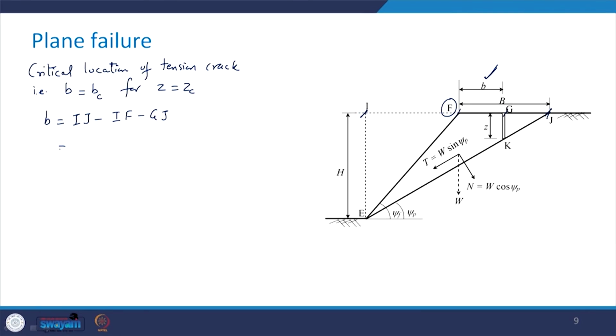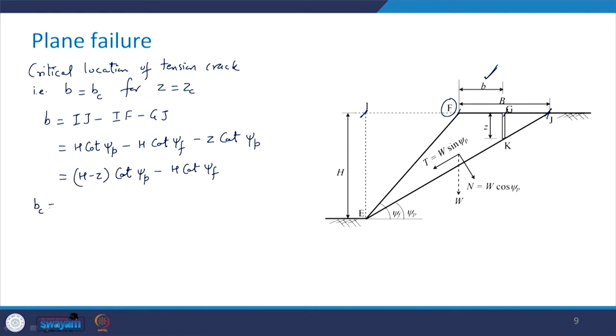So let us write that h cot psi p minus h cot psi f minus z cot psi p. So we will get here as h minus z cot psi p minus h cot psi f.